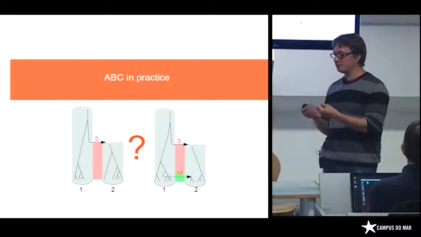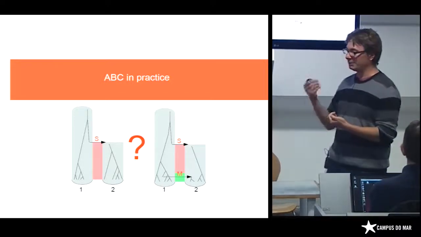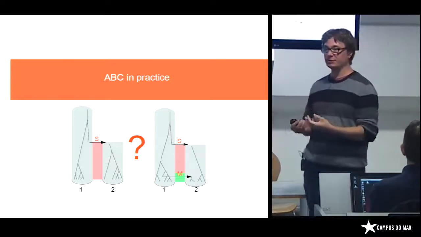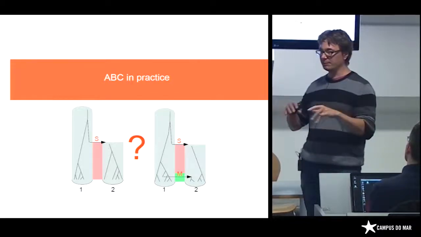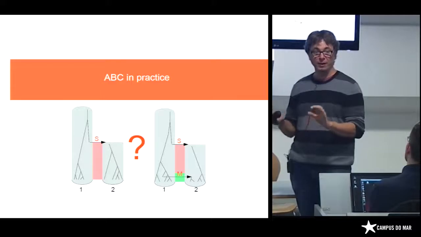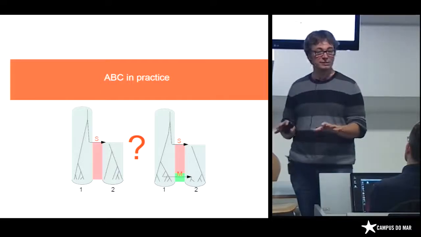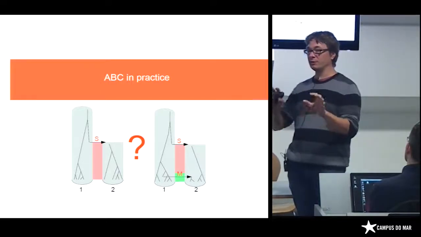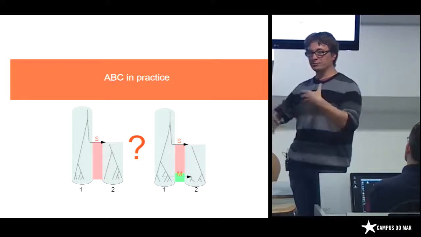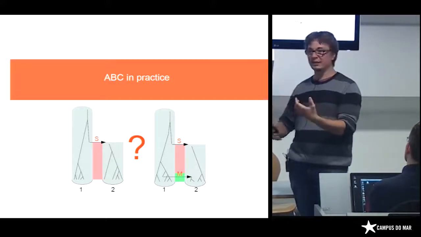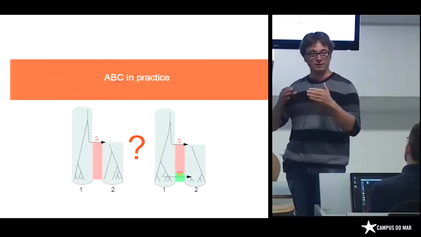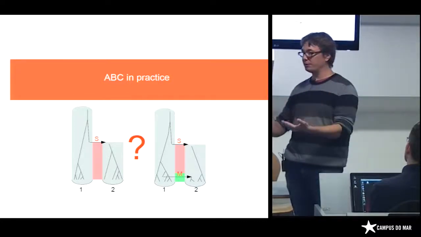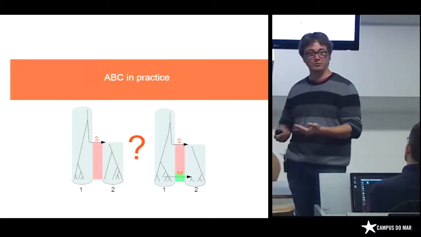The second objective is, as ABC is based on simulation, to make you feel comfortable doing simulations, because in population genetics it's always useful to try to simulate a scenario to confront it to the data, even if you do not use an ABC statistical framework.